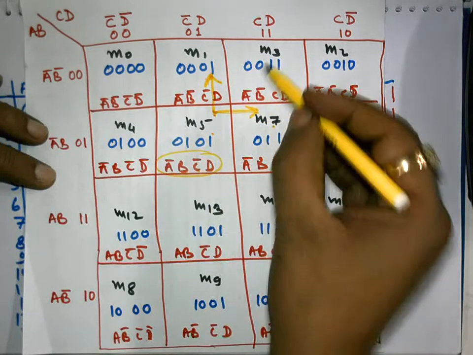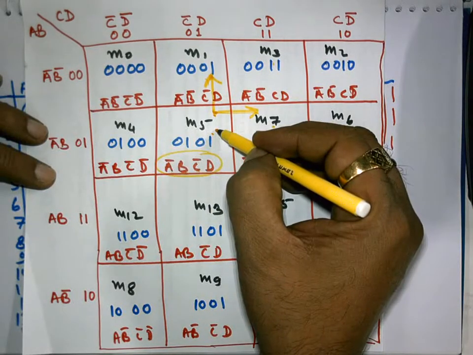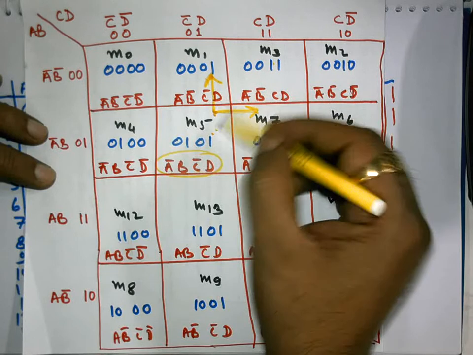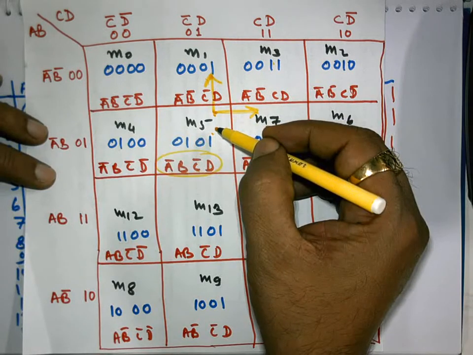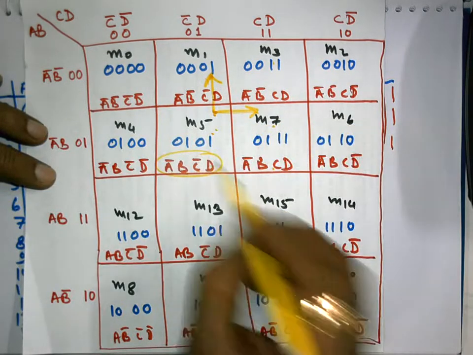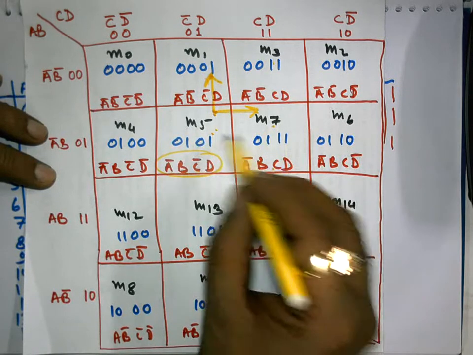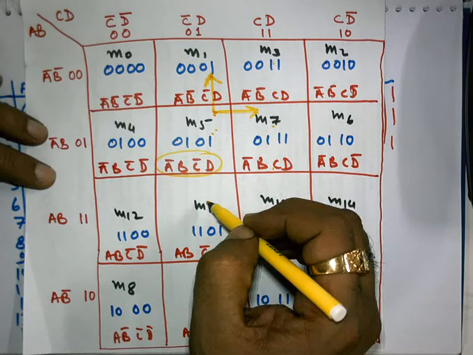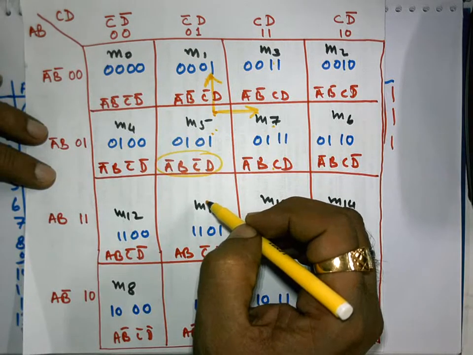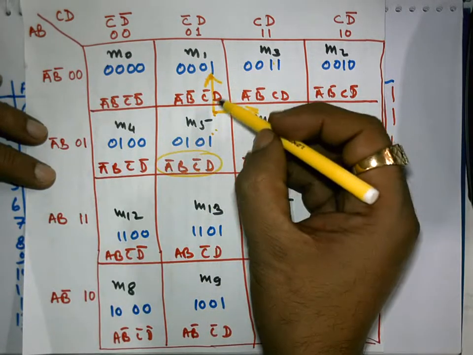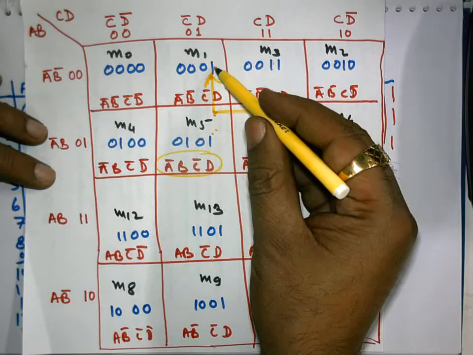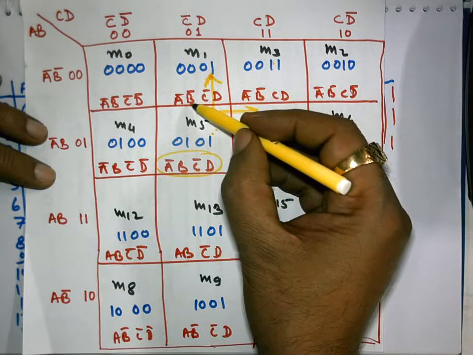But M3 is not neighbor of M5. Corner cells are not neighbors. Immediate horizontal side, immediate vertically below or above cells, they are the neighbors of the cell. So while roaming from M5 to M1, which variable change is observed?